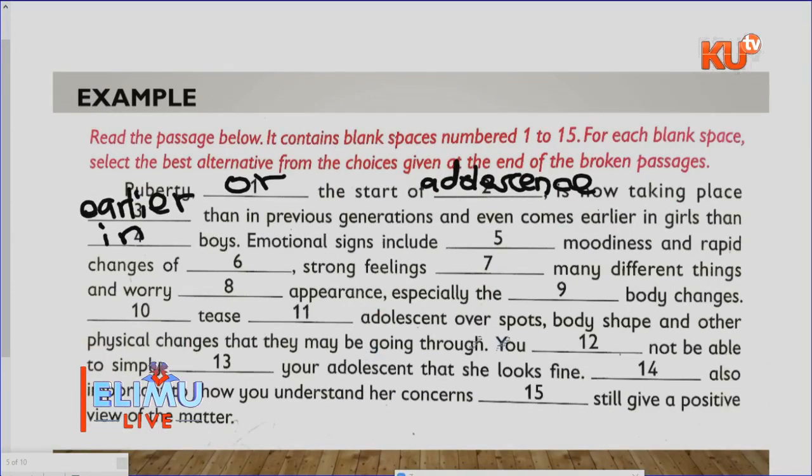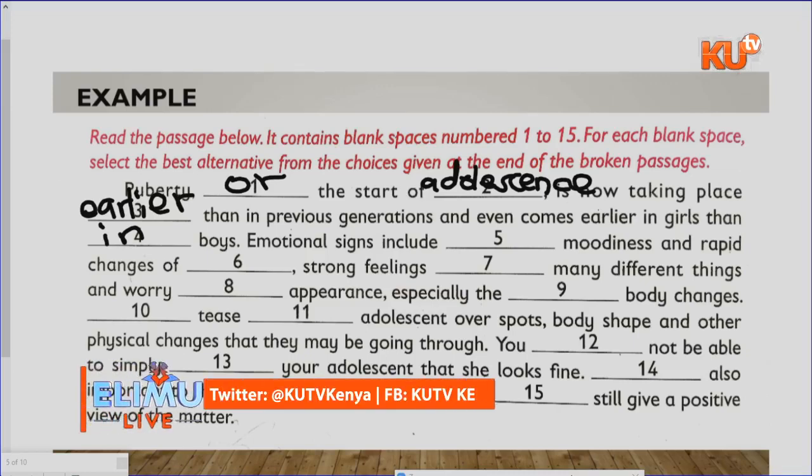Puberty, or the start of adolescence, is now taking place earlier than in previous generations and even comes earlier in girls than in boys. Emotional signs include dash, moodiness and rapid changes of dash. Strong feelings dash, many different things and worry dash appearance.